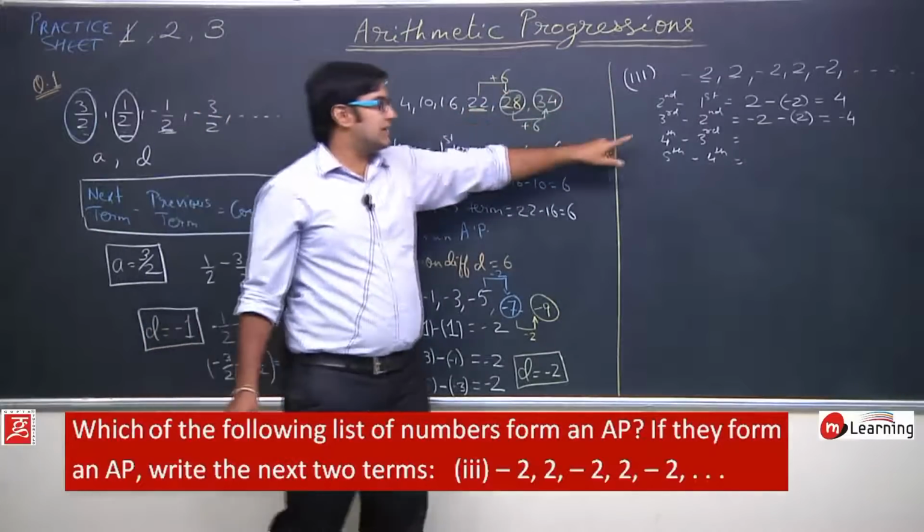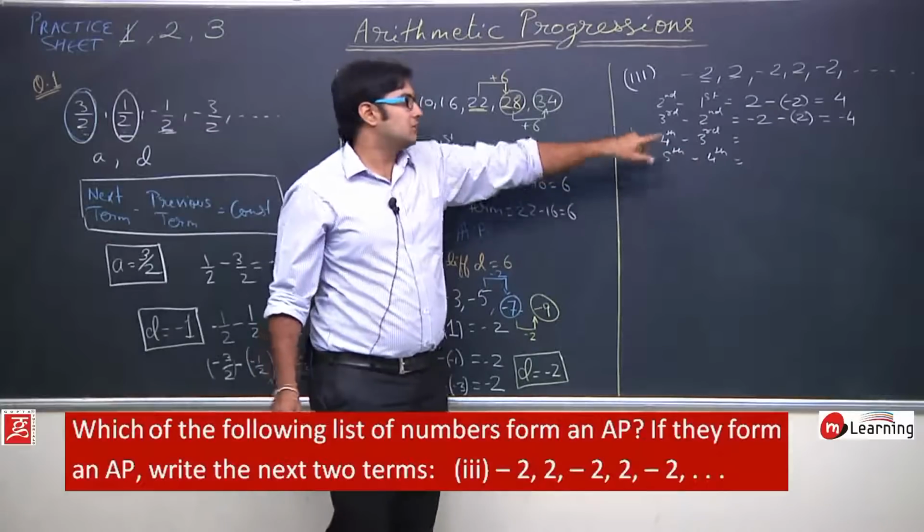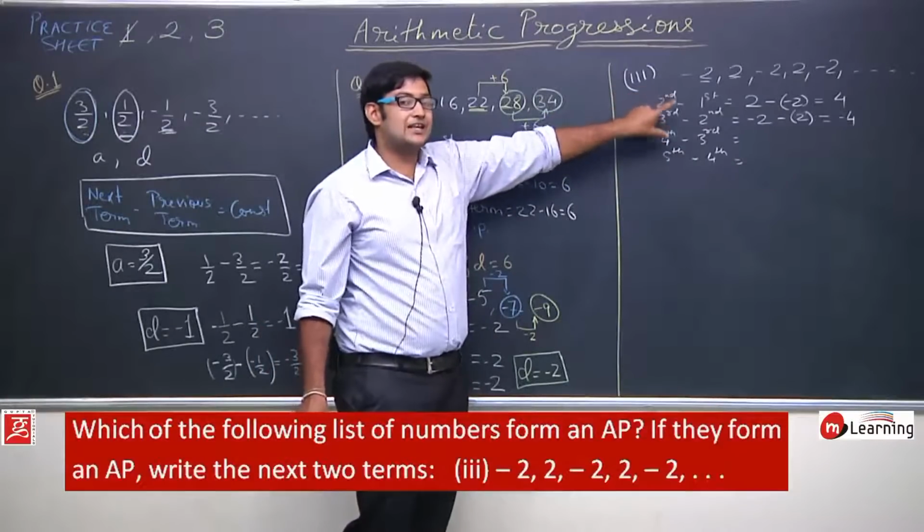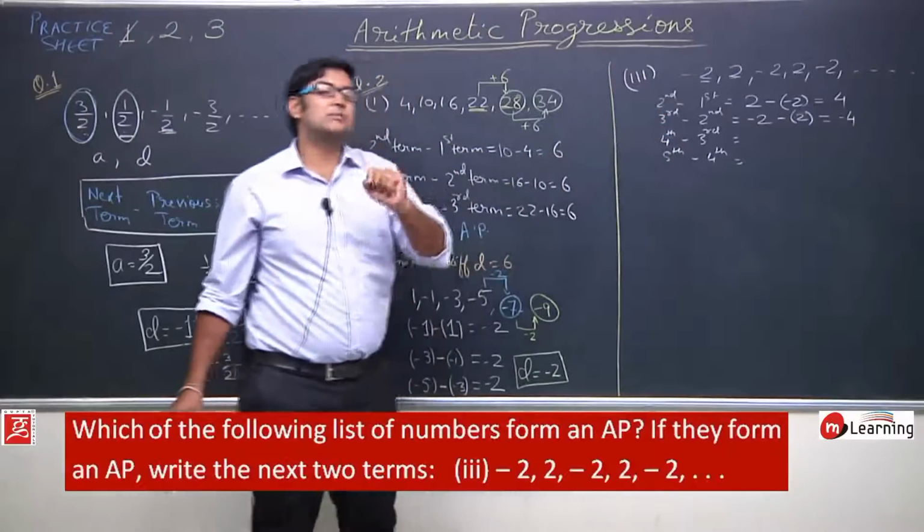So I need not check the remaining differences, because based on these two values I can interpret that this is not an arithmetic progression.